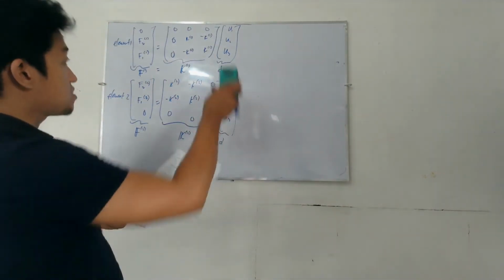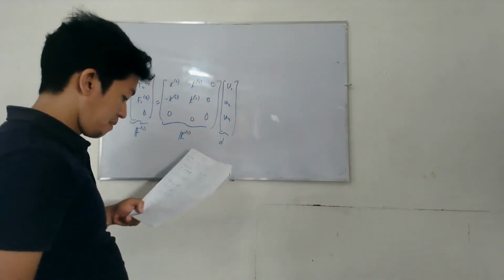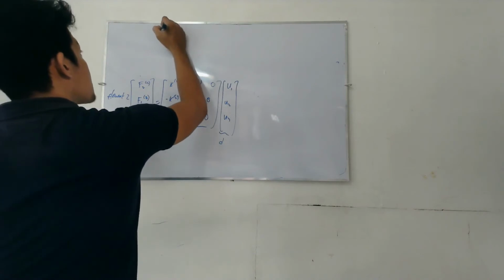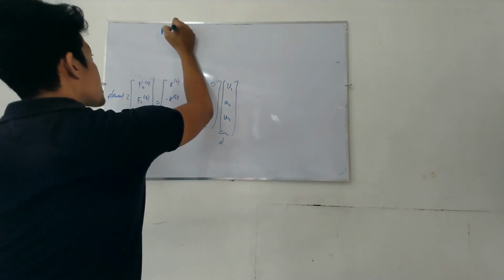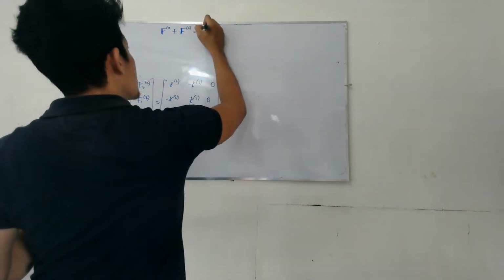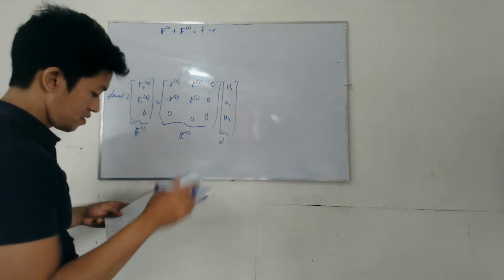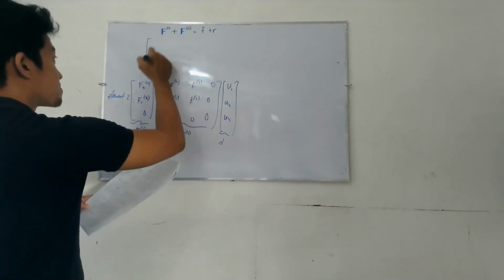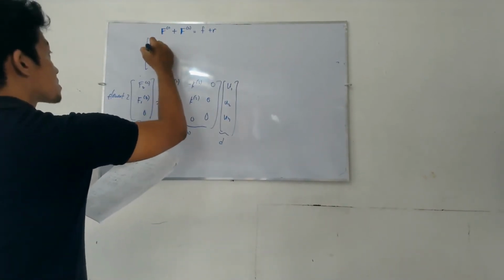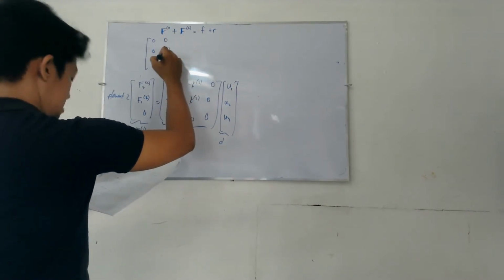So, f of 1 plus f of 2. Right? So you have 0, 0, 0, 0, k of 1.